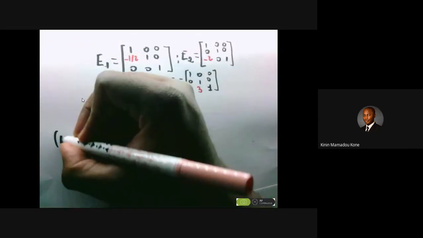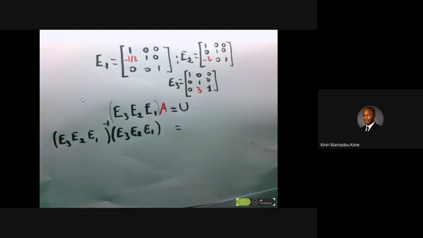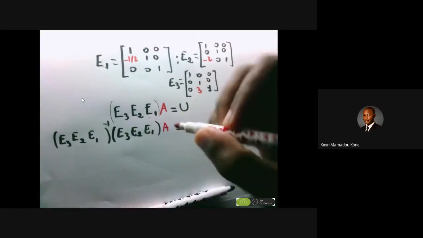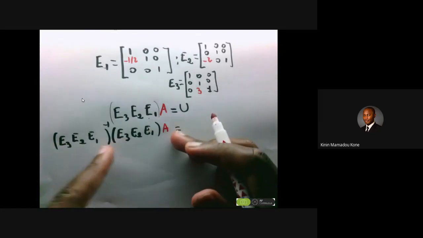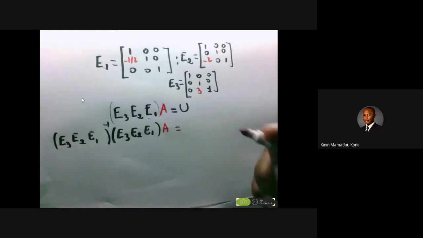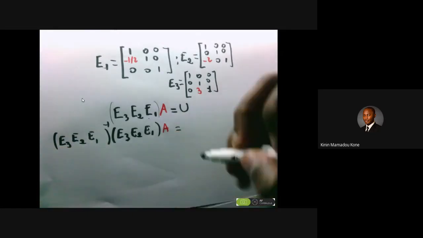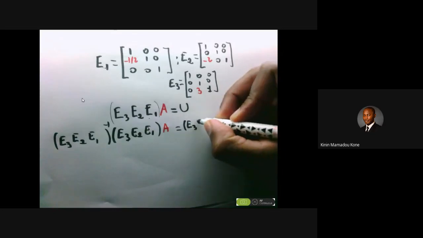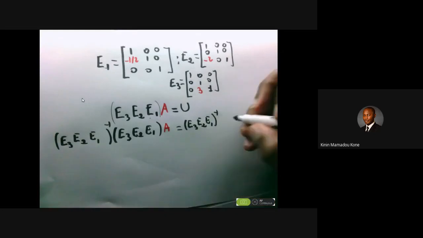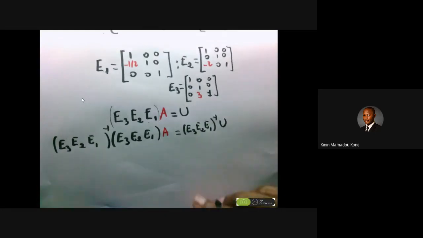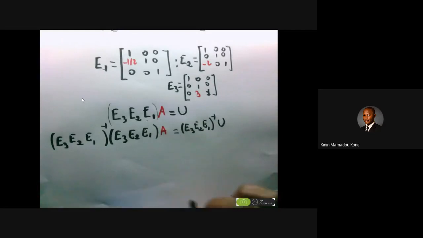So I can write this because they are non-singular: the product inverse equals A, but because I have left multiplied this side of the equation by this expression, I have to do the same thing on the other side, inverse multiplied by U. I'm looking for another relationship between A and U.